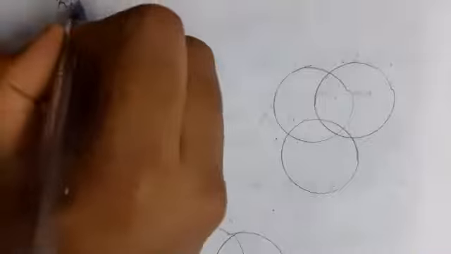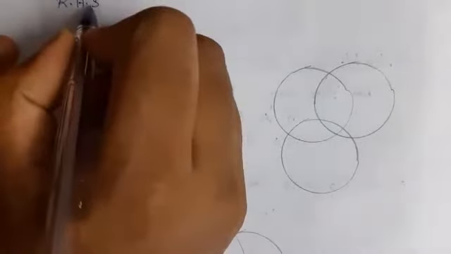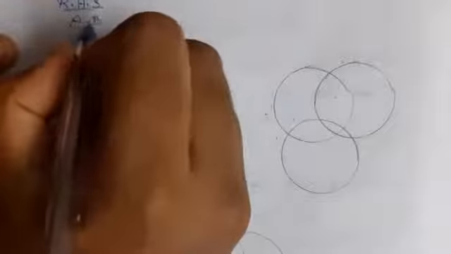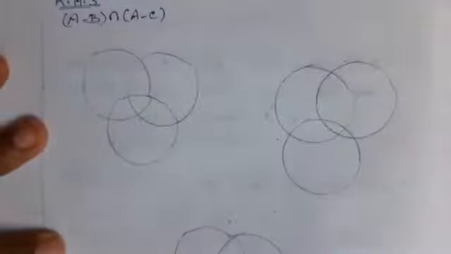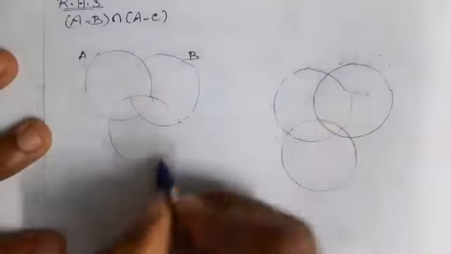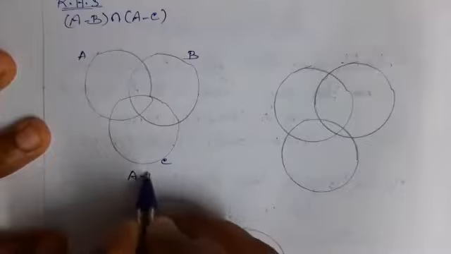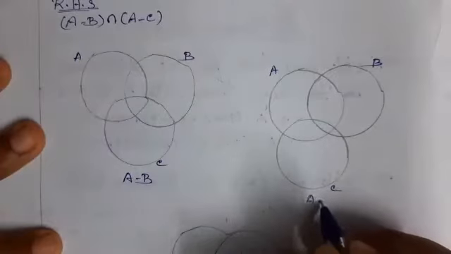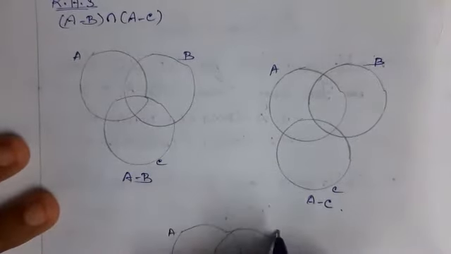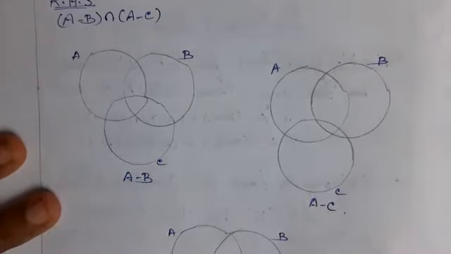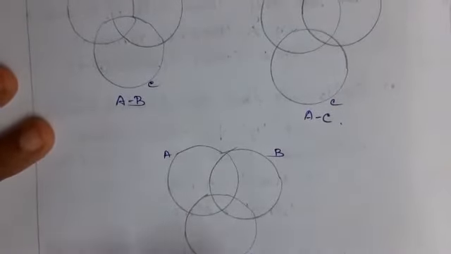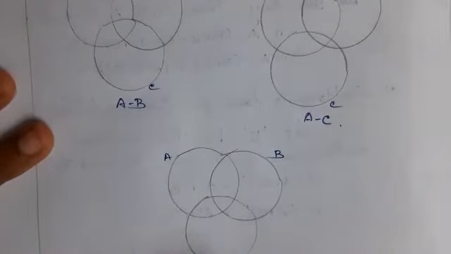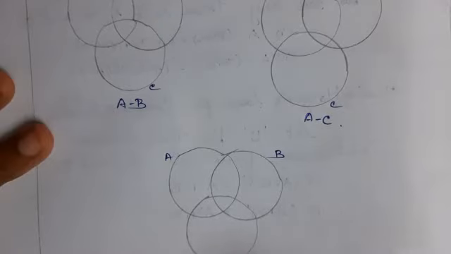Right hand side, that is A difference B intersection A difference C. First diagram for A difference B. Second diagram for A difference C. Third diagram for the right side, that is A difference B intersection A difference C.